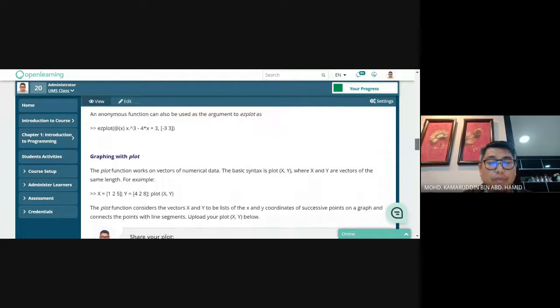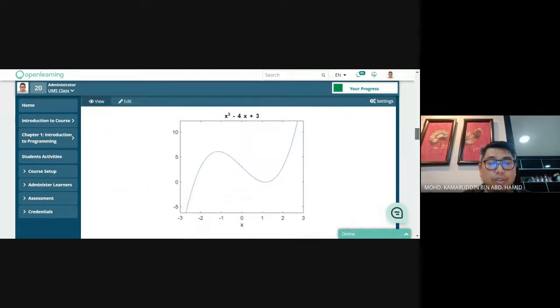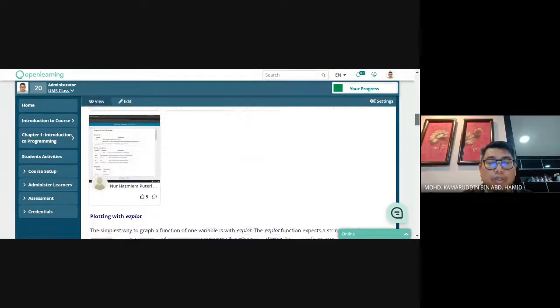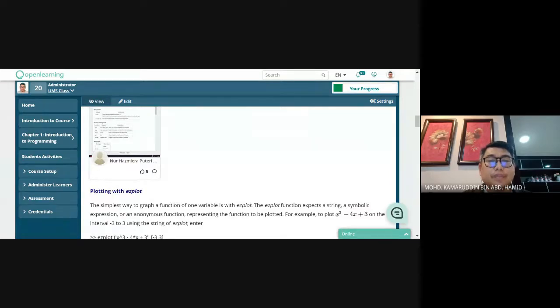Oh, I know the problem. Yes, because you cannot use the online Matlab. So the solution for this is either you install the Matlab in your laptop or in your PC.